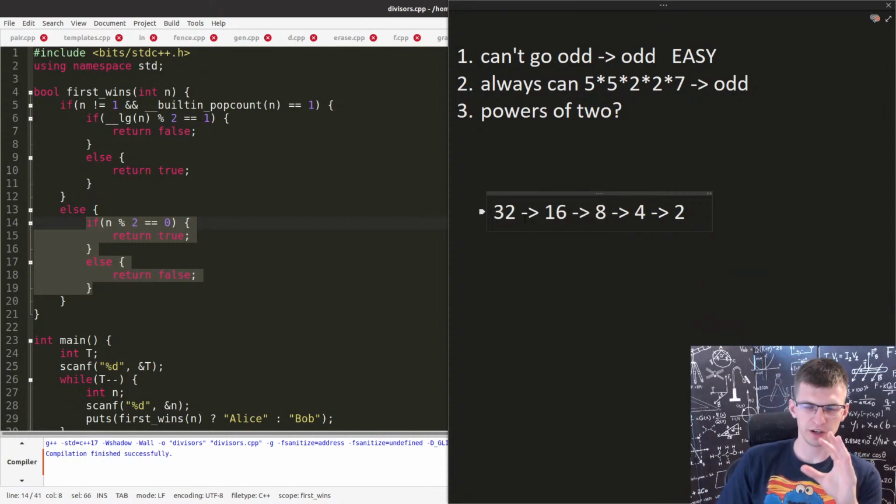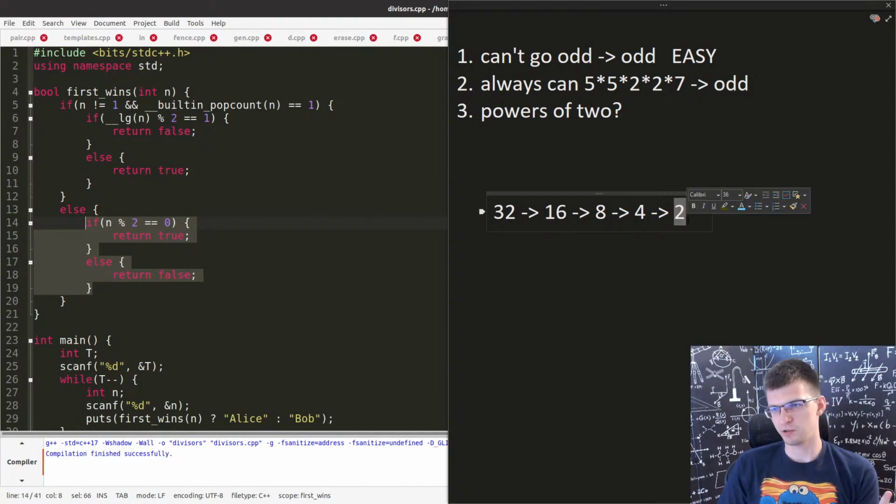All other moves are bad, they are losing immediately, and here we don't yet know if this is winning or not, but if we are desperate and no other move works, we should do this. 2 is losing, so also 8 is losing, 32 is losing, and 4 and 16 will be winning. This is why this is sufficient as proof of solution.